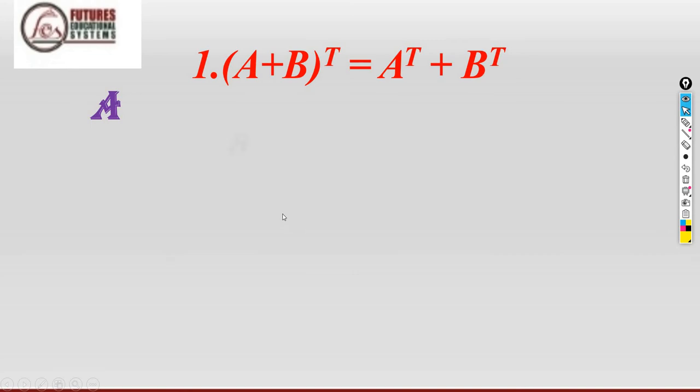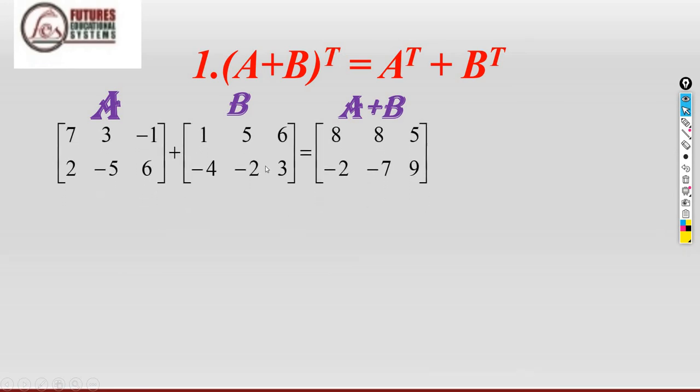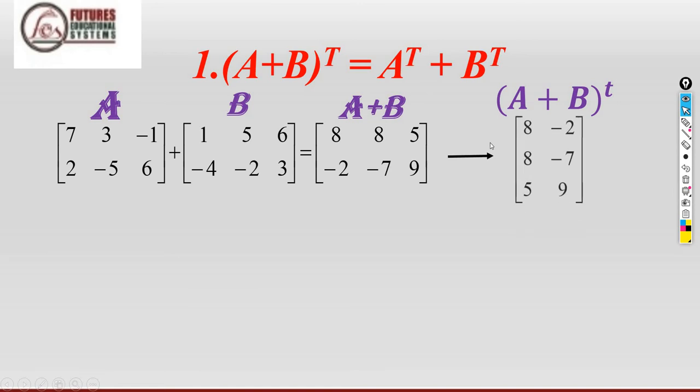Let's go to the proof. If we have two matrices A and B, adding the sum of the two matrices and taking the transpose: A plus B gives me 8, 8, 5, negative 2, negative 7, 9.